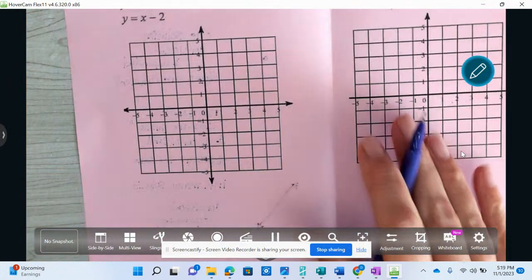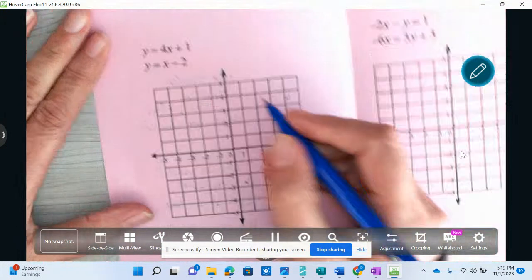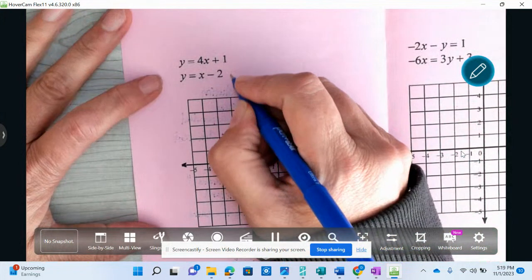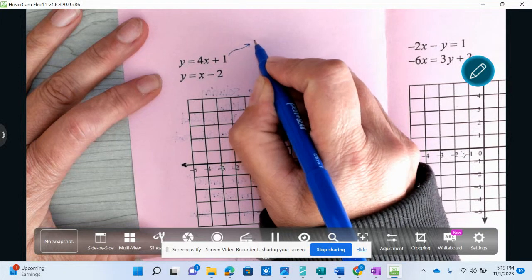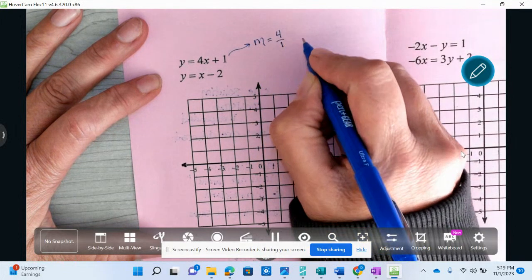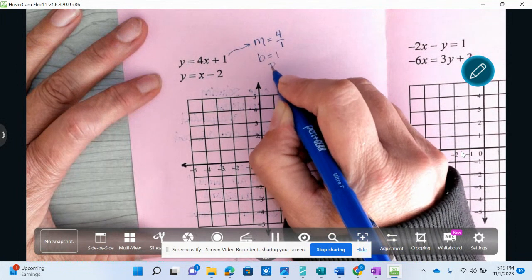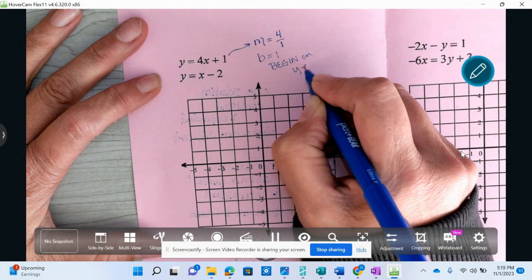So example number 1, we are graphing. So our first equation, y equals 4x plus 1. Both of these are actually written in slope-intercept form for us. So I'm going to identify my slope and my y-intercept. Remember that my y-intercept is where I begin on the y-axis.